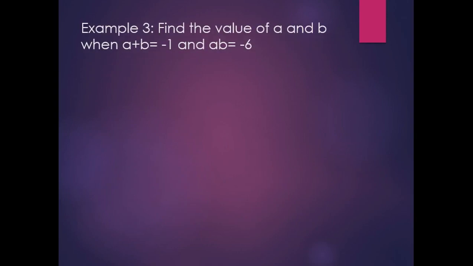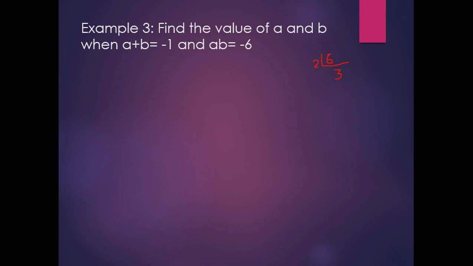Find the value of A and B when A plus B equals -1 and AB equals -6. So in this, here we can factorize 6, and from the factors of 6 we will try to get -1. Like before, adding 3 and 2 we do not get -1, so we need subtraction.